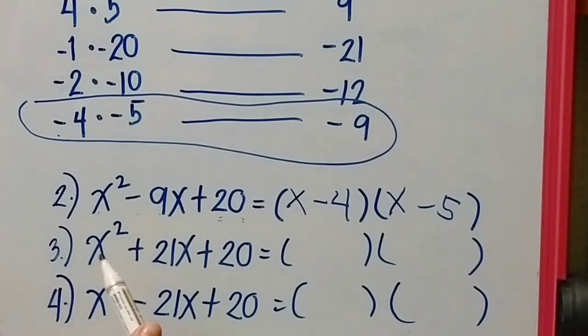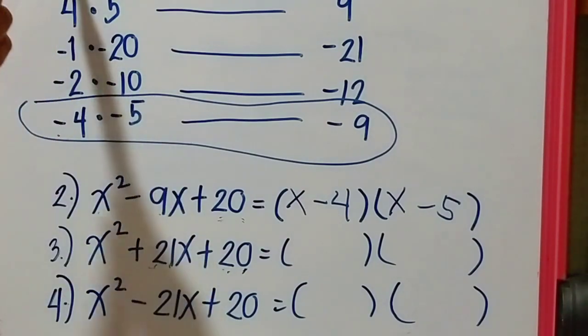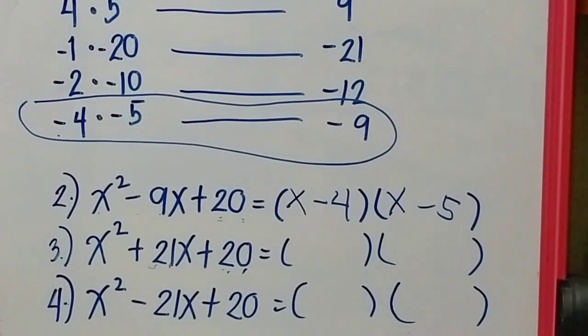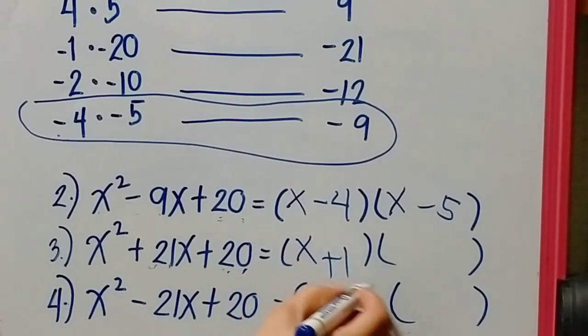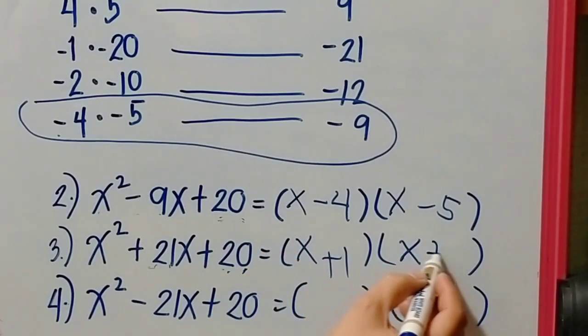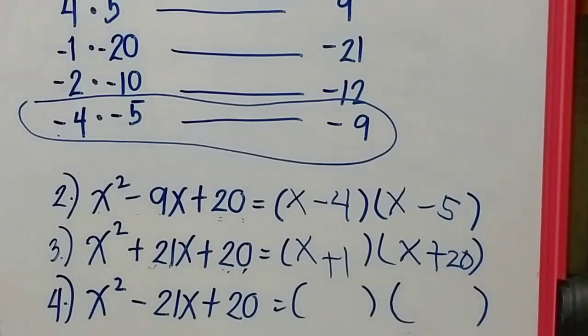Okay, next. Factor x squared plus 21x plus 20. Again, we're looking for the factors of 20, numbers wherein we multiply to 20 and if we add, will give us 21. So we have 1 times 20, right? We have here x plus 1 and x plus 20.